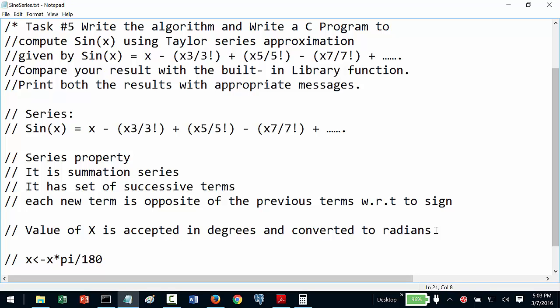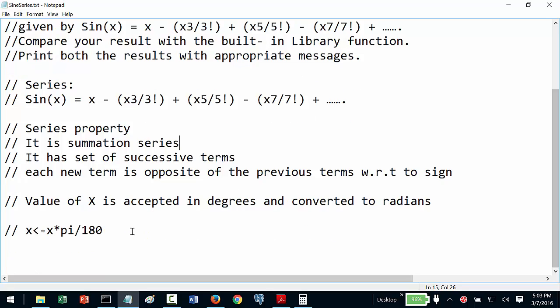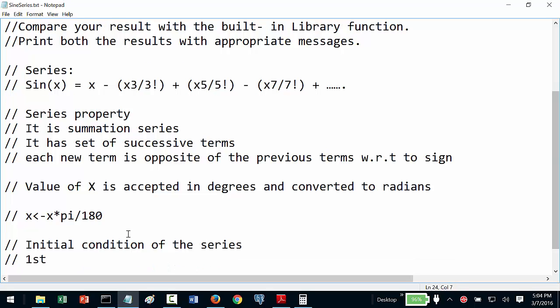Now we are supposed to look at how we calculate these terms. First, our initial condition of the summation of the series is that the first term is x. So our sum will initially be x.